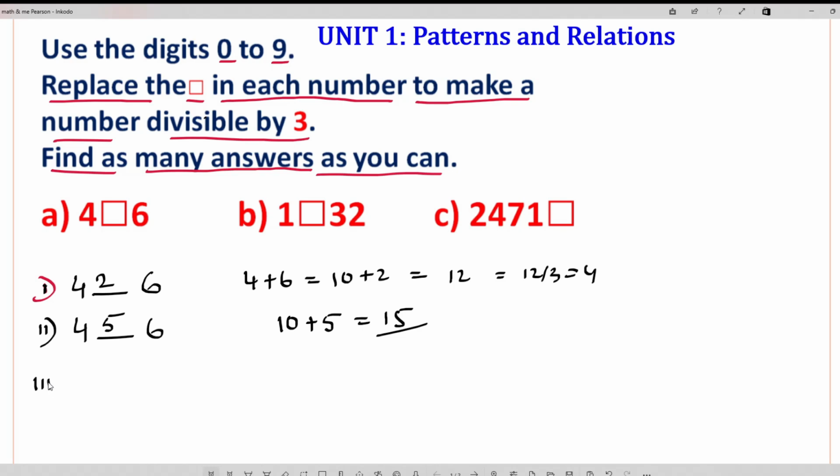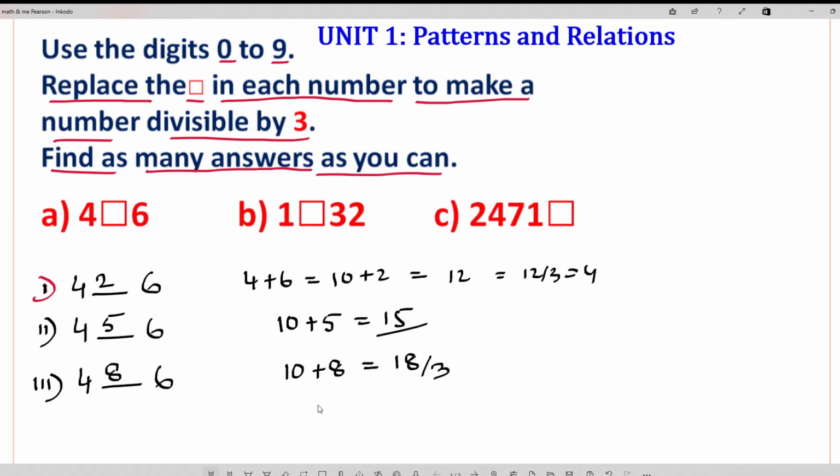Another one we can get, look, 4 dash 6. 4 plus 6 means 10, plus if we add 8, it means 18. 18 is divisible by 3, so we can put 8.